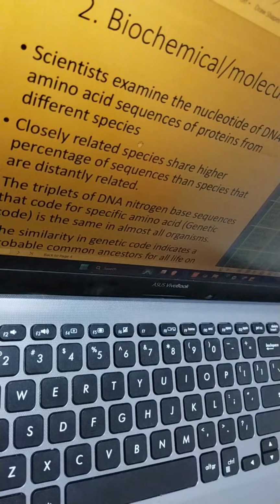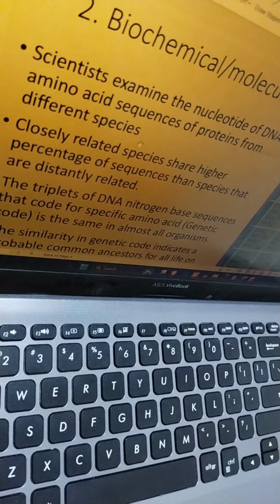Second comes biochemical or molecular biology. Scientists examine the nucleotide sequences of DNA and the amino acid sequences of proteins from different species.